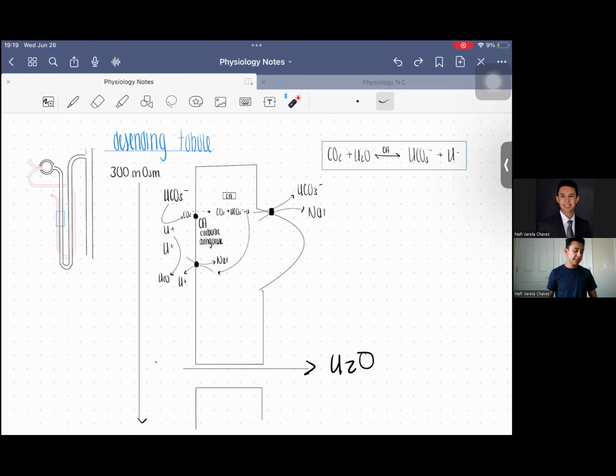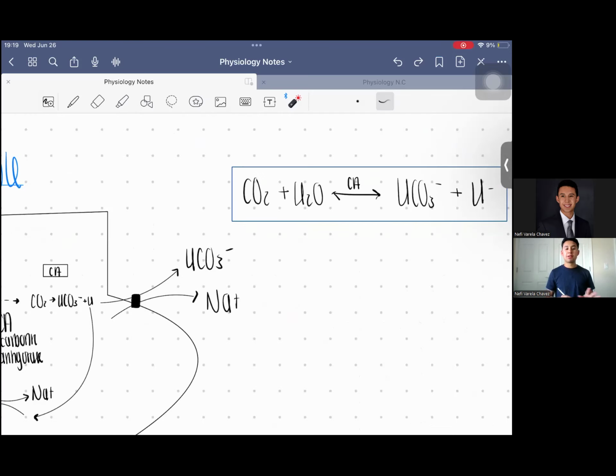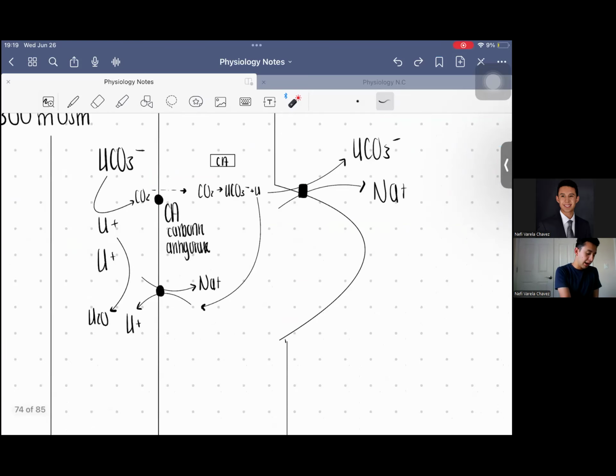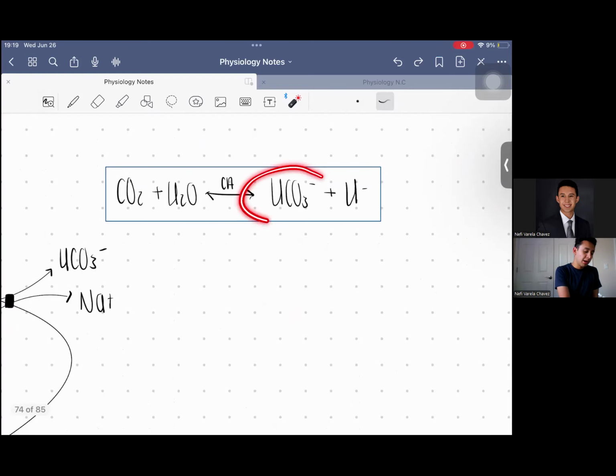Next, the descending tubule. In the descending tubule, we will have movement of bicarbonate and sodium. Okay, so first I'm going to describe this chemical formula. We know that if we combine CO2 plus water, with the presence of an enzyme named carbonic anhydrase, we will create bicarbonate and a hydrogen proton.